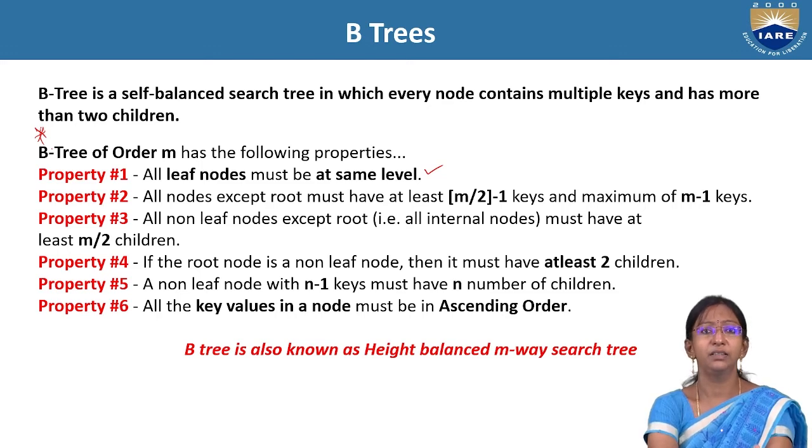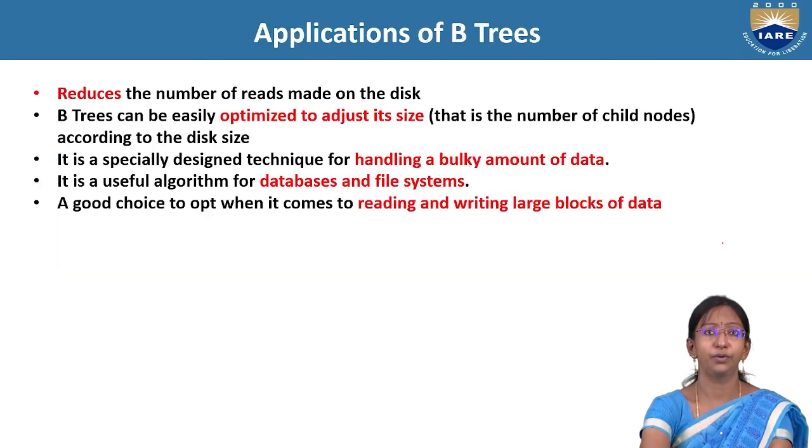The second property is all the nodes except the root must have at least m by 2 minus 1 keys and a maximum of m minus 1 keys, as it is order m minus 1 keys. That is the actual funda. Okay. Similarly, there are a few more properties which you need to take care of.